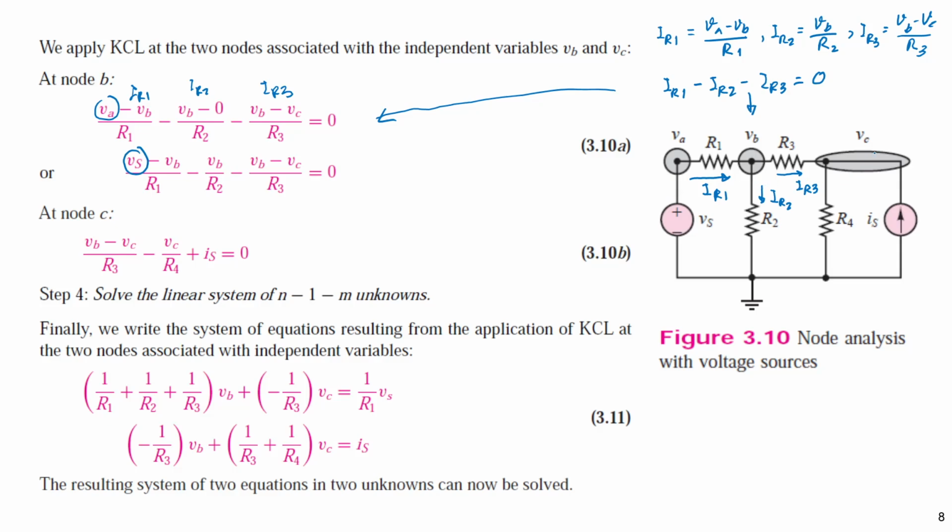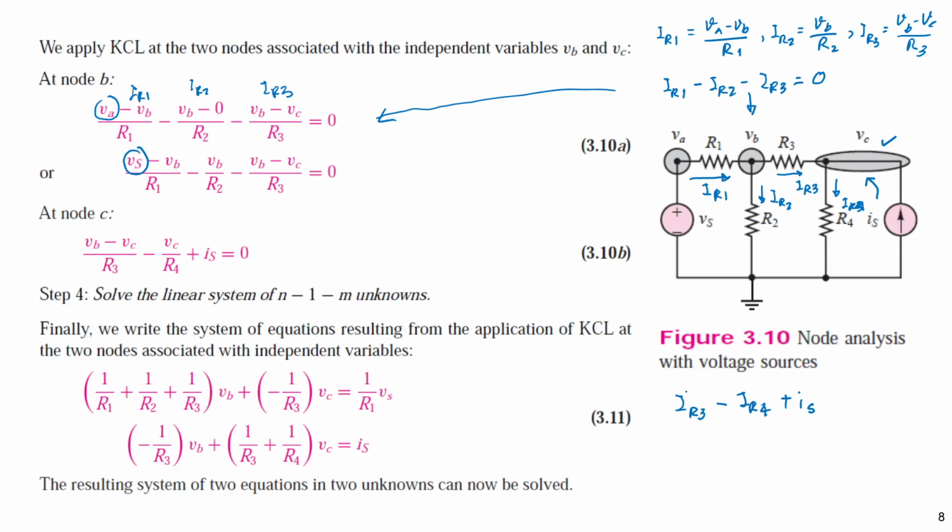For node C, similarly, we have IR3 and IS flowing in, and IR4 flowing out. So flowing in is IR3 minus IR4 plus IS.